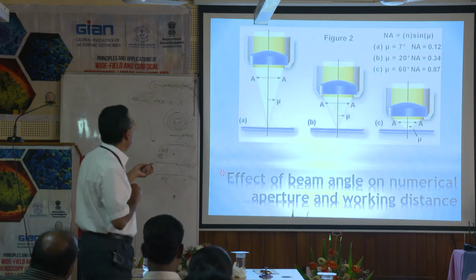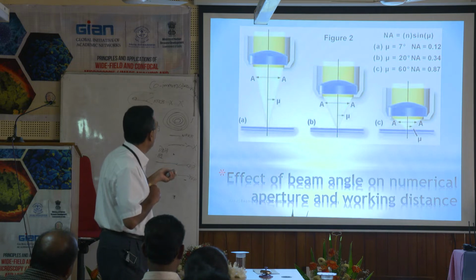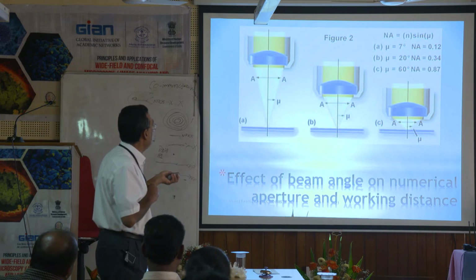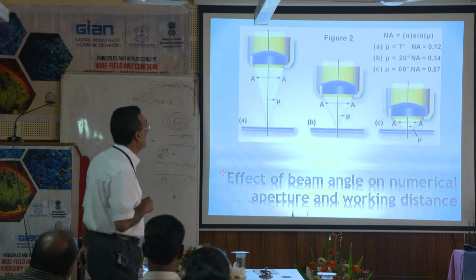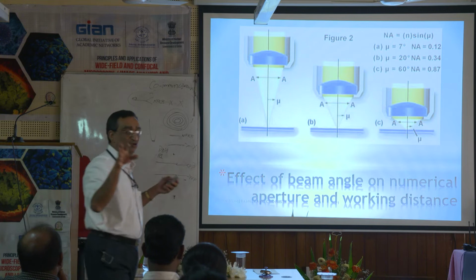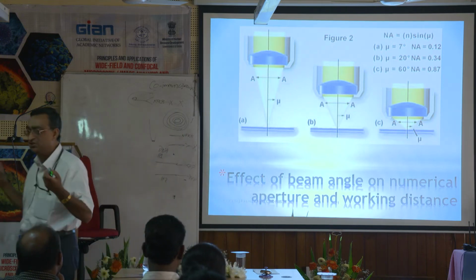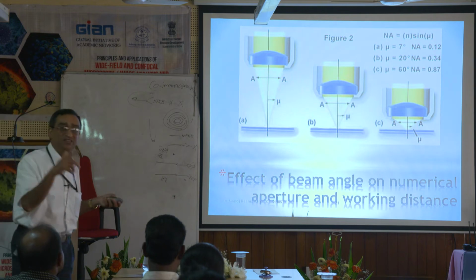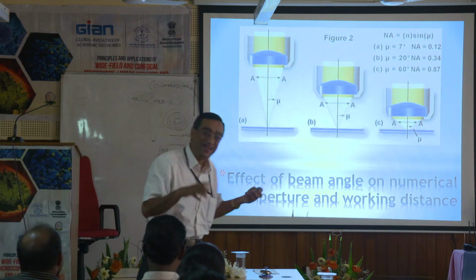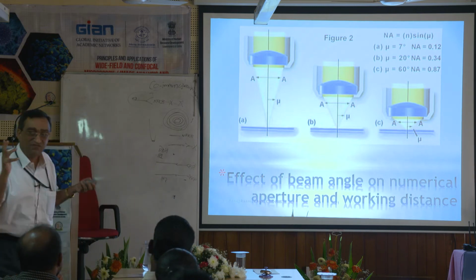When mu is 7 degrees, the numerical aperture is 0.12. When it is 20 degrees, the numerical aperture is 0.34, and at the highest magnification and resolution, the numerical aperture is 0.87. Therefore, when we use a numerical aperture equal to 1, there is no problem. It's a good approximation to explain this microscope. So the numerical aperture can be 1.